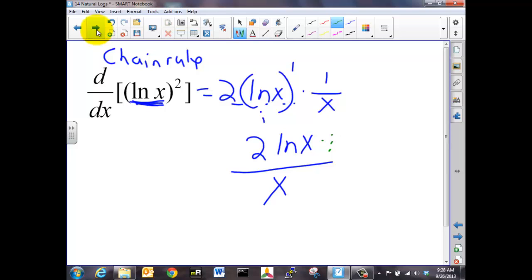All right, think of it this way. If we were finding the derivative of u squared, that would be 2 times u times u prime, right? Times whatever the derivative of u is. That's just the chain rule. All right, let's back up.